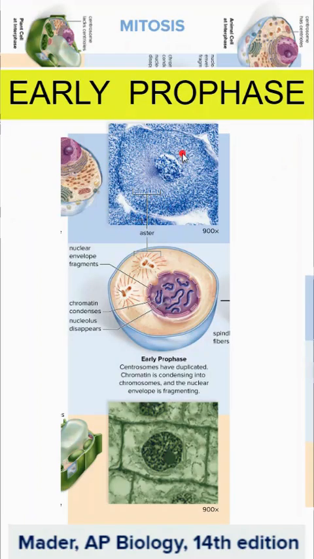Sometimes we break up prophase into early prophase and prometaphase. During early prophase, we also duplicate the centrosomes. We start to condense the chromatin into chromosomes, and we're starting to lose and break apart the nuclear envelope.